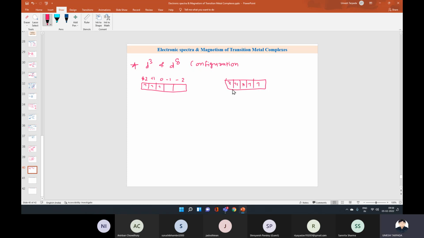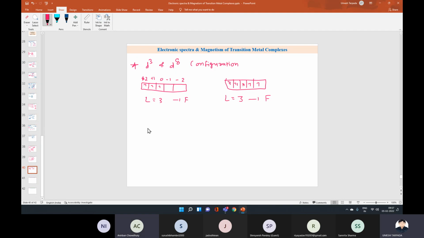So again you can have L value, what is L value? 3. तो दोनों में F टर्म आएगी, बट मल्टीप्लिसिटी 3, बट F टर्म तो आएगी दोनों में, बट स्प्लिटिंग है वो रिवर्स आ जाएगा.